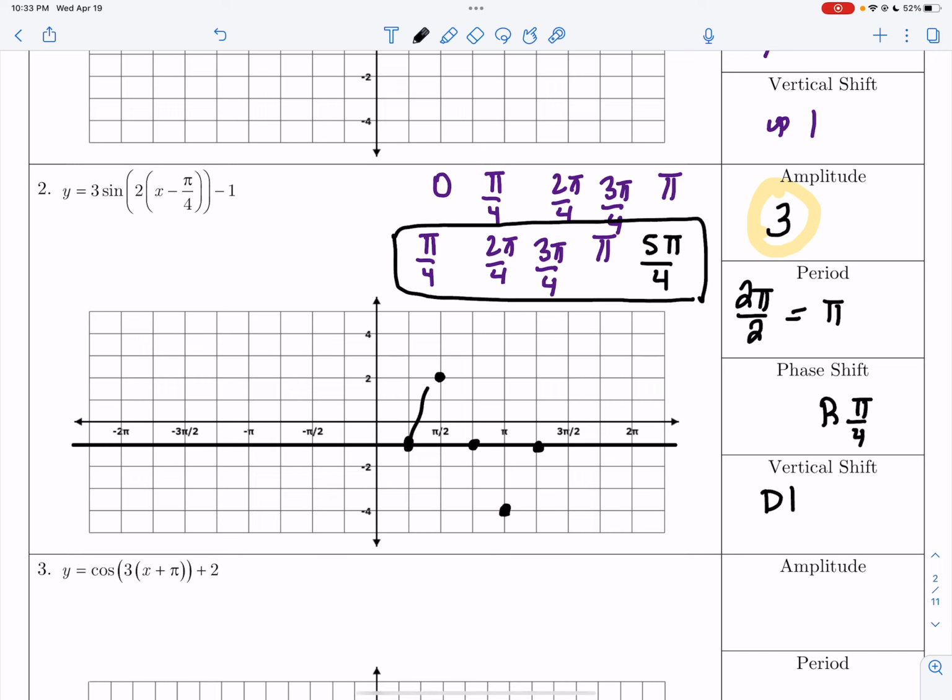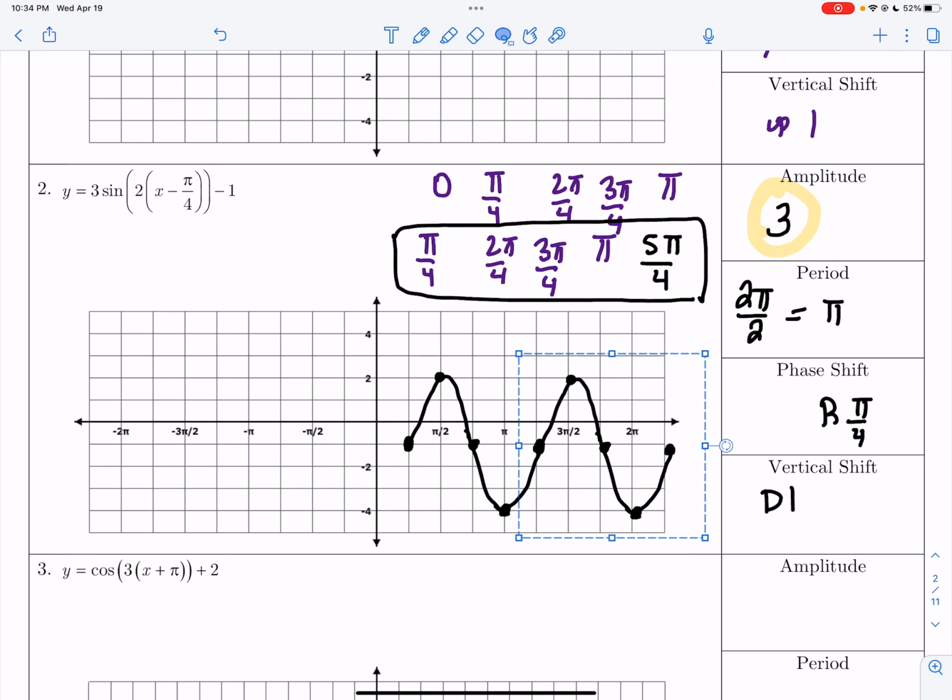Okay, here's something better. Notice how from my midline to my maximum, or my midline to my minimum, it is a distance of 3. Okay, I'm just going to copy and paste. You can't do that, but I might just ask you to just graph one period and call it a day.